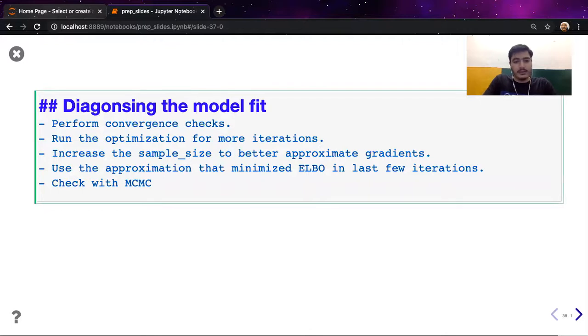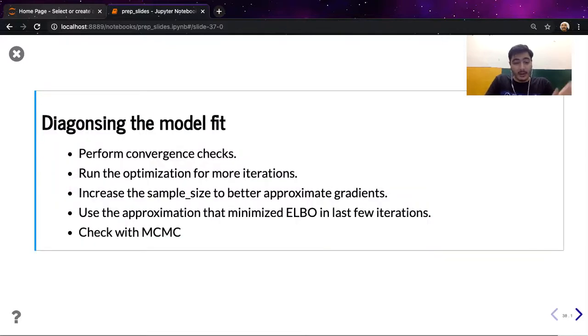And then we can also take the distribution that has minimized the ELBO in the last few iterations. So these are just basic and random thoughts that can help you use variational inference in your own use case. If one needs to do more tweaks and compare with MCMC samples, that would be a really good idea.